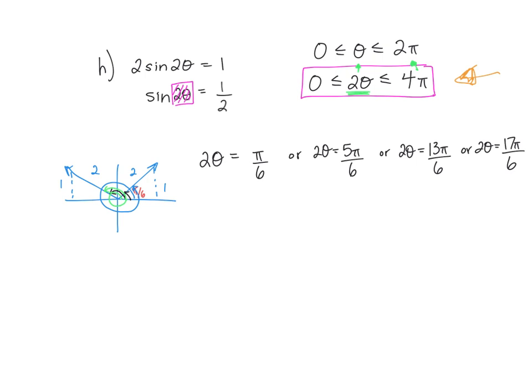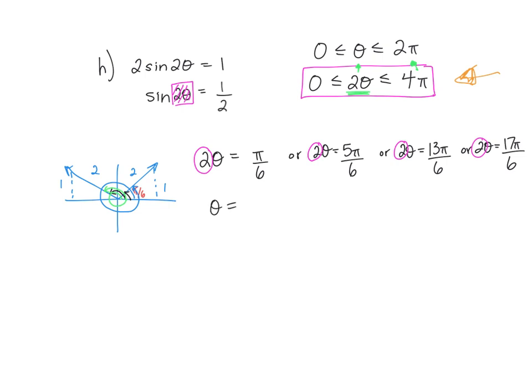But now, again, the question has asked us for what values of theta fit between 0 and 2 pi. So at this point, I have to take into account the double angle, because now I am dealing with my angle. So I can divide each of these in half.